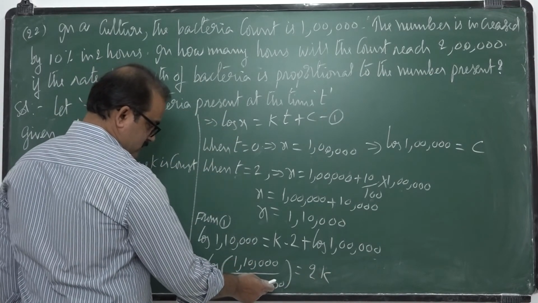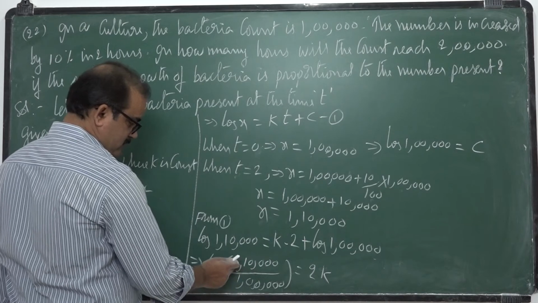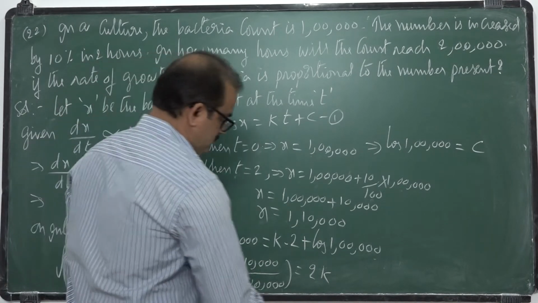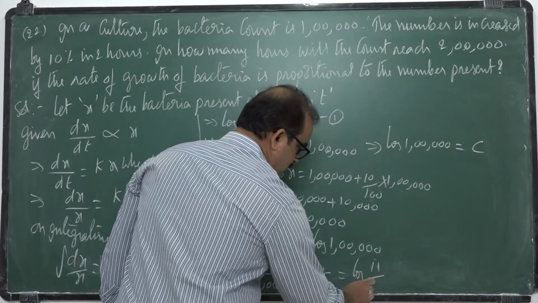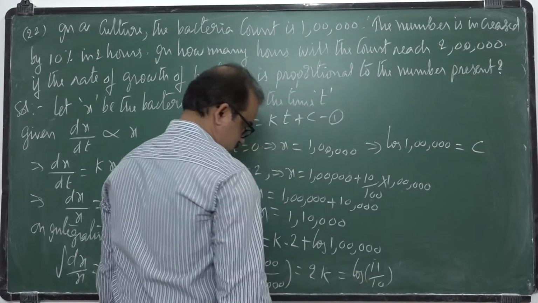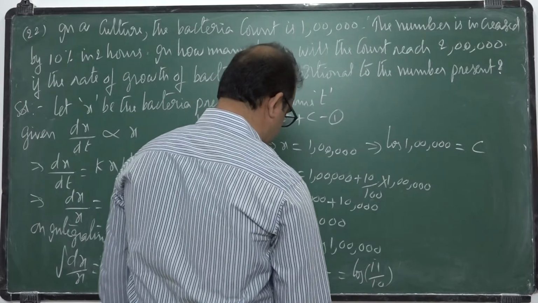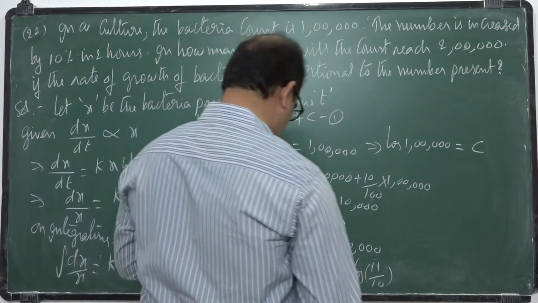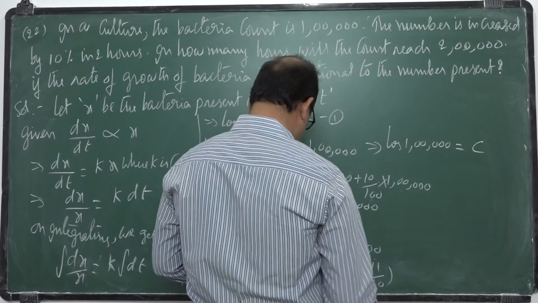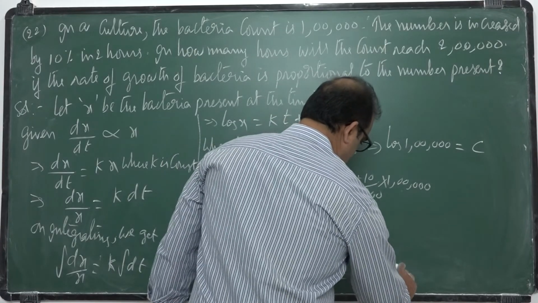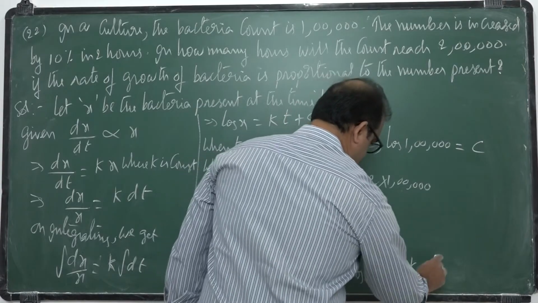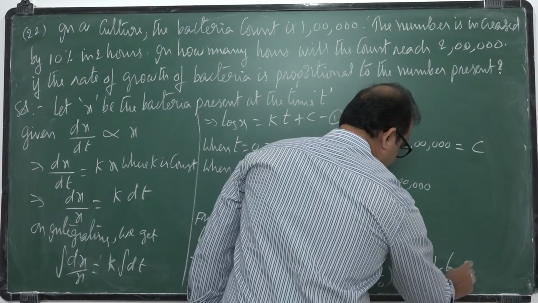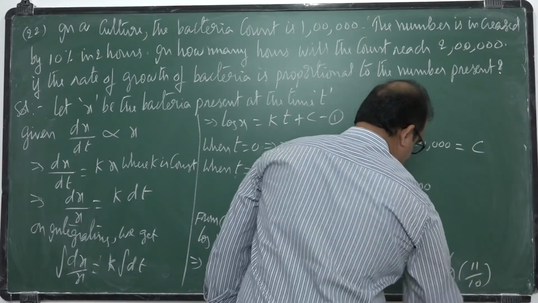Here 3 zeros cancel, we get 11 by 10. 2k is equal to log of 11 by 10. 11 by 10 means 1.1, or 11 by 10. So k is equal to 1 by 2 into log of 11 by 10.